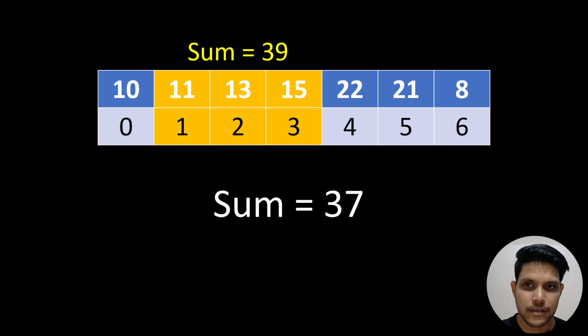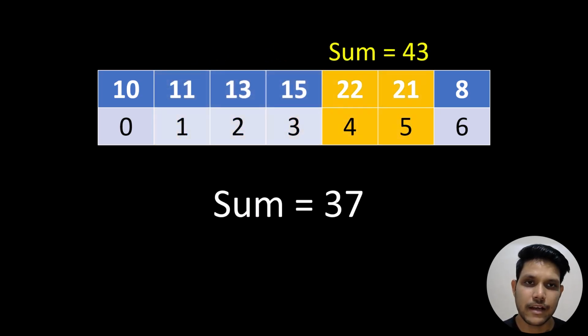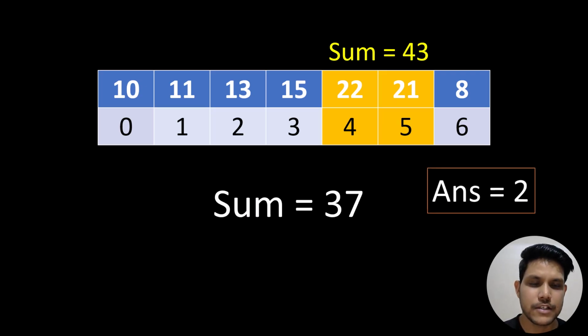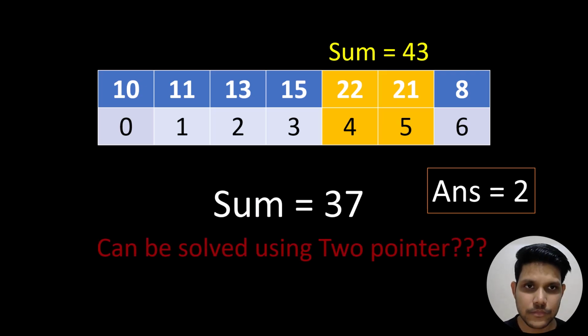So the length now becomes a minimum of 3. Now we see that there lie two values whose sum is 43, and that is an even better result than what we have found up till now. So the length becomes 2 and the answer is 2 in this particular case.